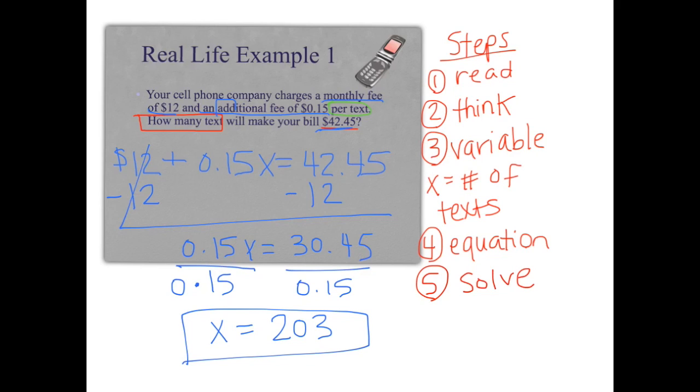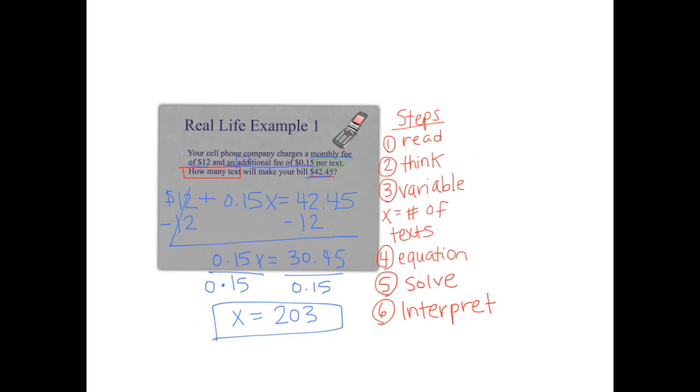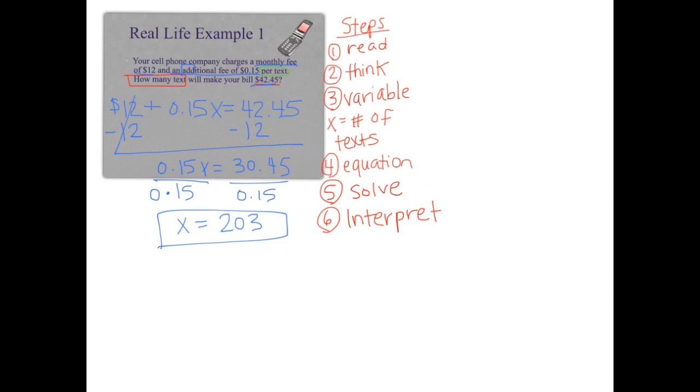So now our last and final step is to interpret. So take this minute to pause the video and try to interpret this answer on your own. Okay, so hopefully you paused and tried to do this on your own.